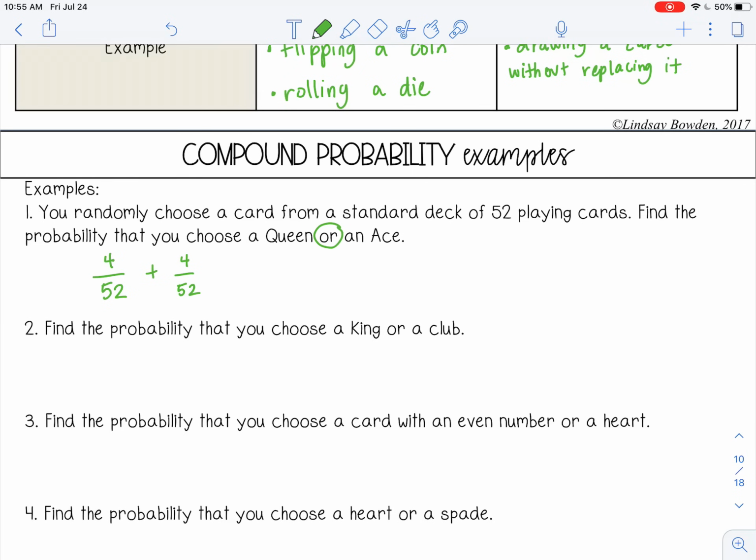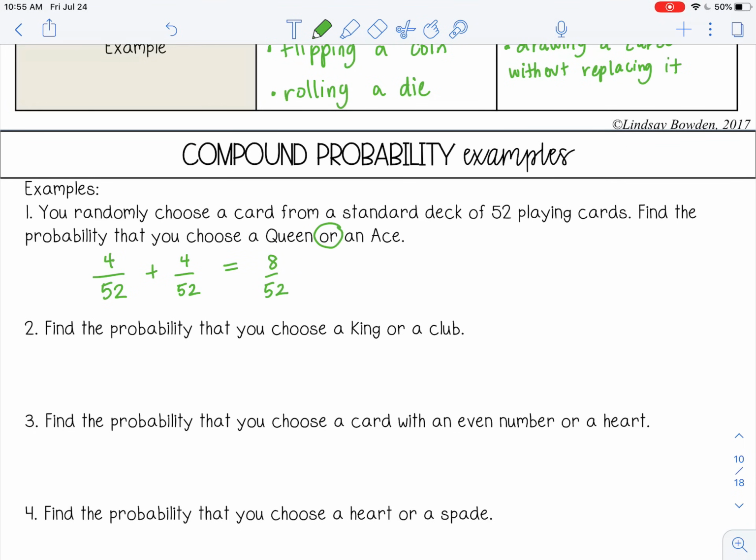Now let's determine if this event is mutually exclusive or overlapping. Can you have a card that's both a queen and an ace at the same time? Your answer should be no. You can't have a card that's a queen and an ace, so these are not overlapping. They are mutually exclusive, so I don't need to worry about subtracting anything. I just add these together, which is 8 out of 52.